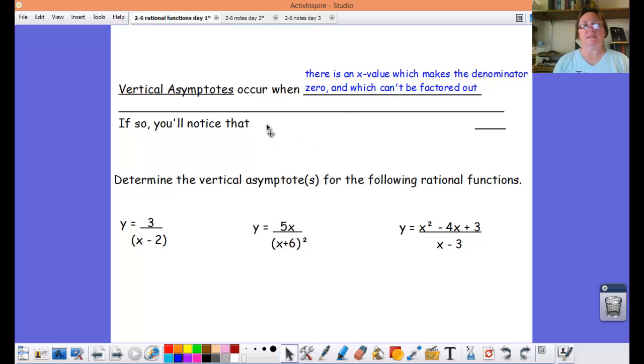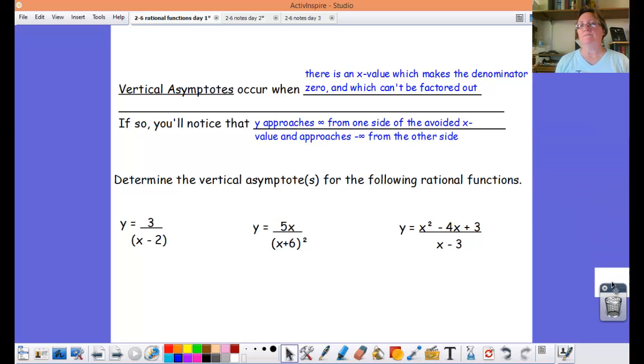If that is the case, then what you'll notice is that y approaches infinity from one side of the avoided x value, and it approaches negative infinity from the other side. If you think back to the shapes of the 1 over x and 1 over x squared, well, 1 over x, I guess, is what we want to talk about. Y approaches positive infinity there, negative infinity there.